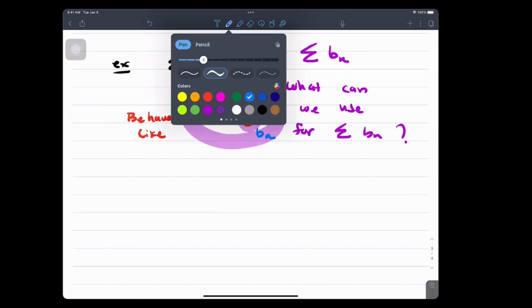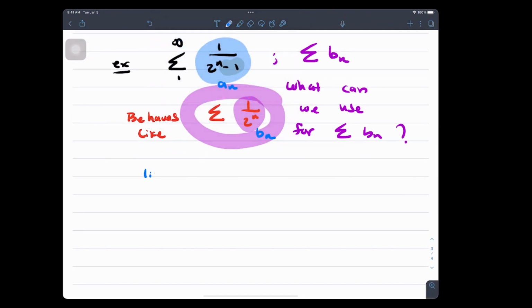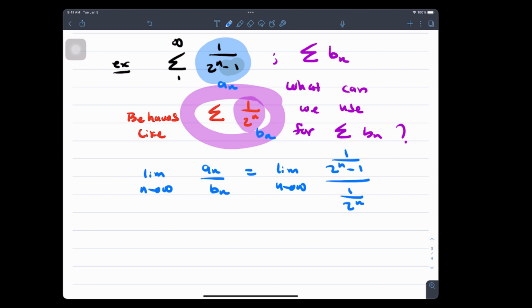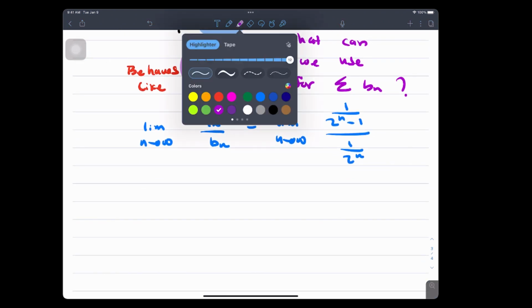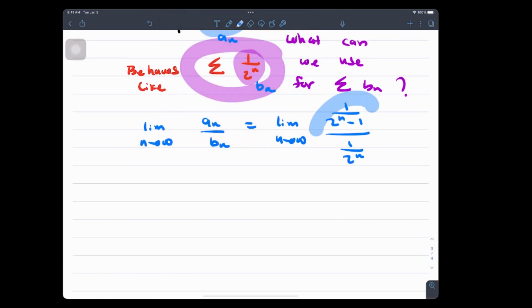So now, what do I do? Look at the limit of the An term over Bn. Since An is 1 over 2n minus 1, and Bn is 1 over 2n, we're going to have to do some algebra right in here.